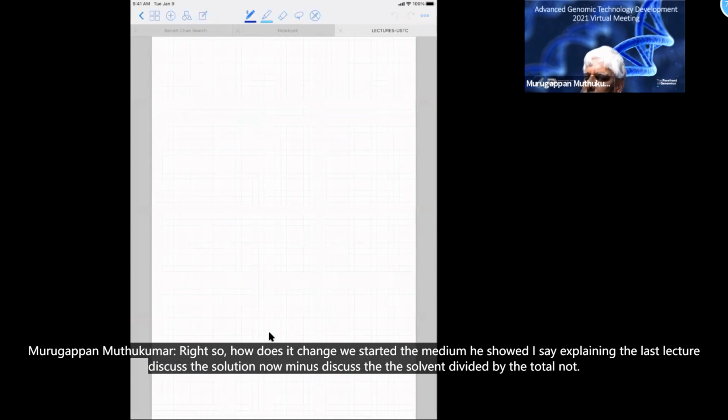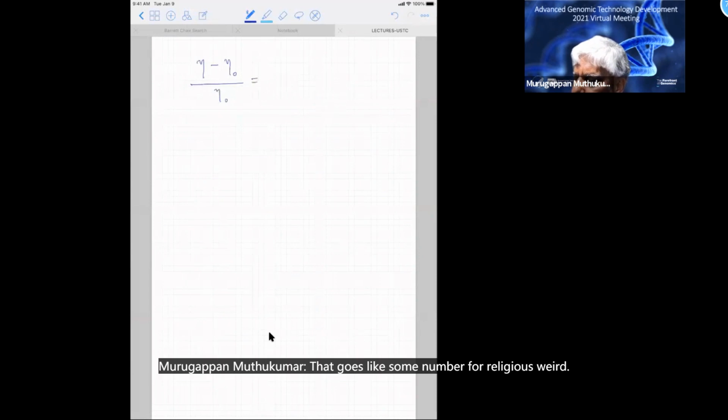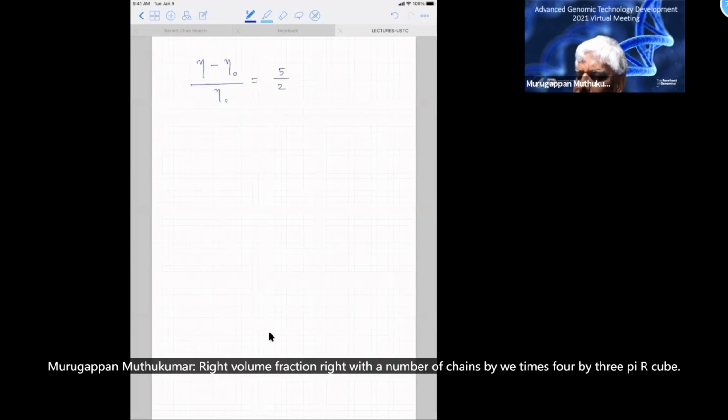As I explained in the last lecture, the viscosity of the solution minus the viscosity of the solvent, divided by eta naught, goes like some number for a rigid sphere, times the volume fraction, the number of chains N by V times 4 by 3 pi R cubed.